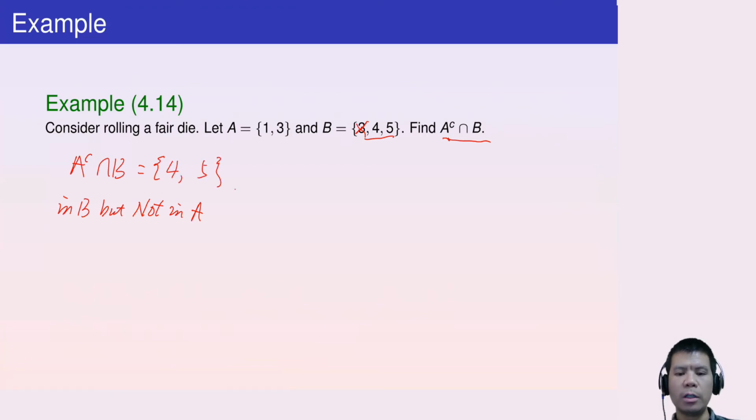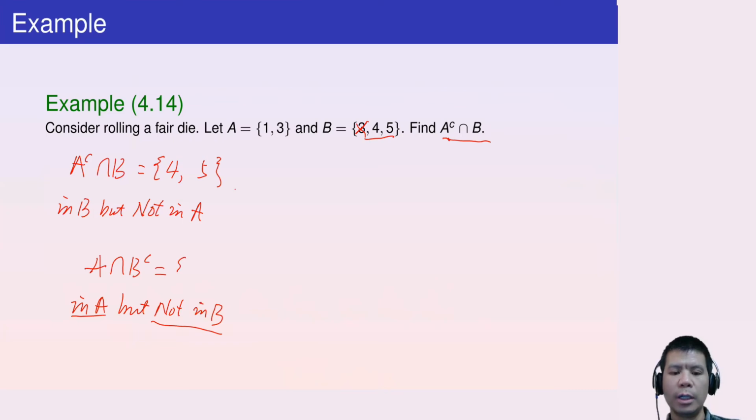Similarly, what about A intersect B complement? This is going to be in A, but not in B. So that is simply what is in A here, but not in B. So 3 must be deleted, and it is just this one. Very good. So this is a difference.